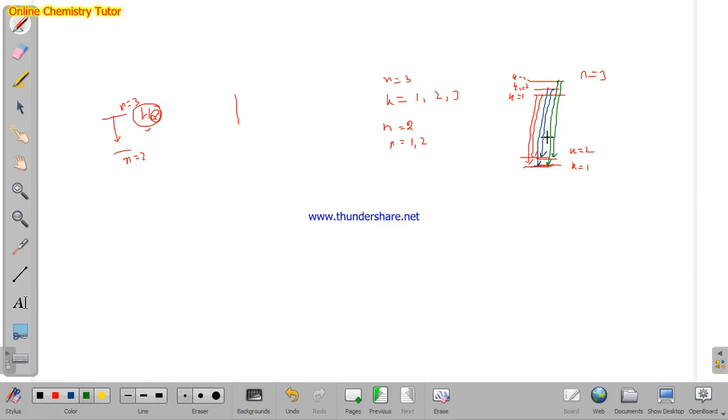So we can see 1, 2, 3, 4, 5, 6 different types of transition are there.